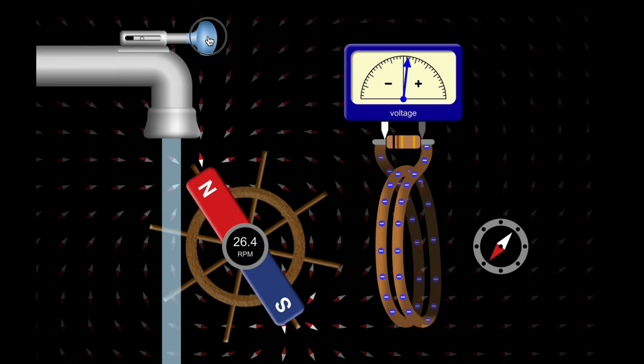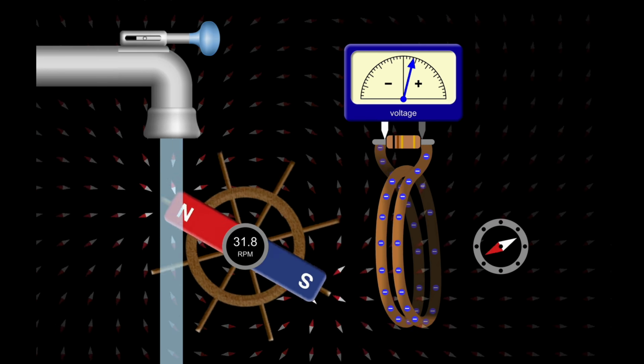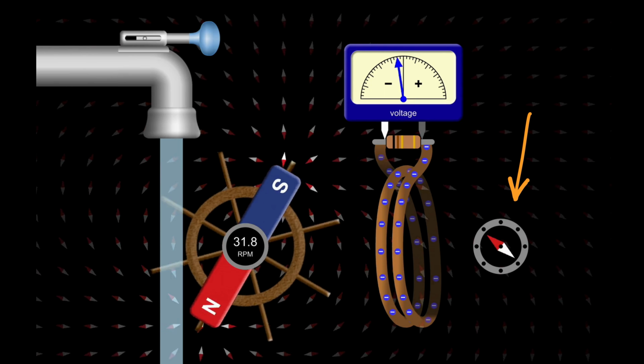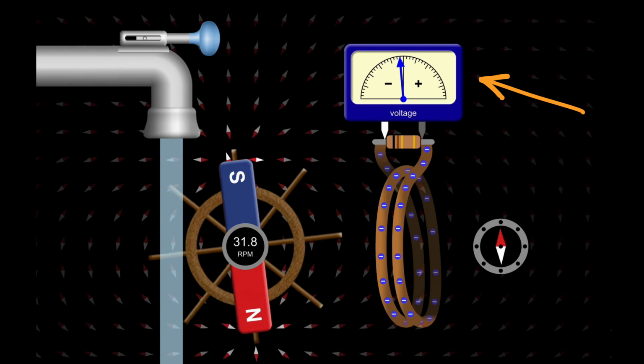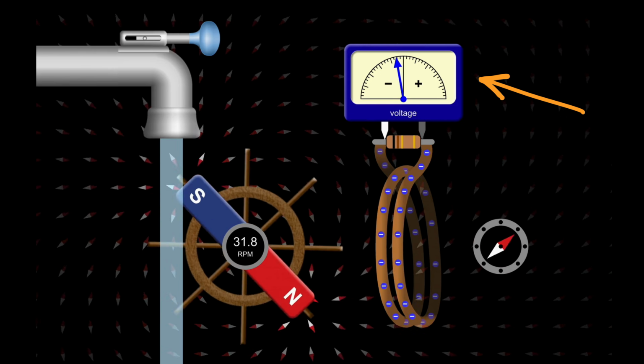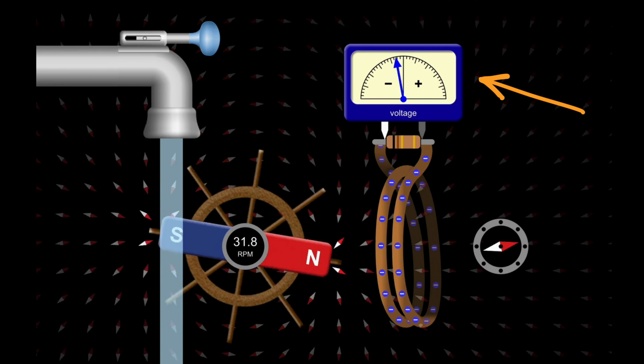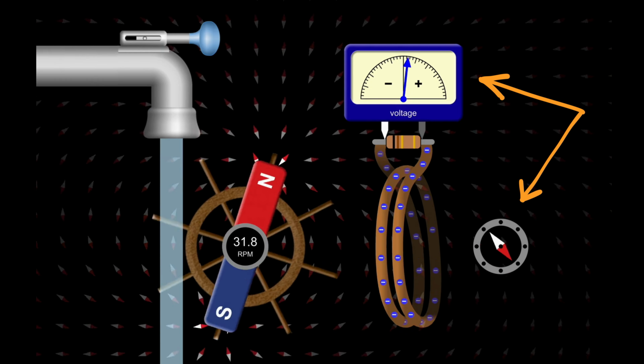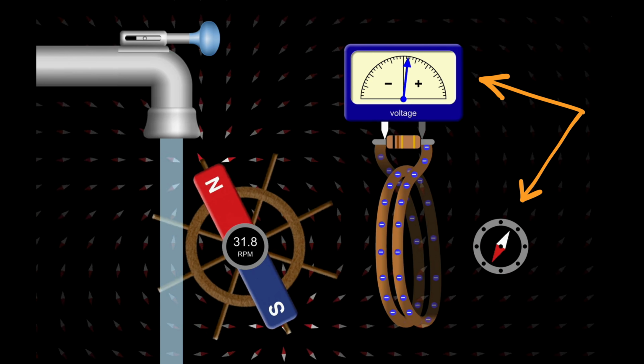As the magnet continues to rotate further, the direction of the magnetic field cutting the coil reverses. Due to this reversal, the polarity of the induced voltage also reverses. This process keeps repeating again and again as the magnet keeps rotating continuously.